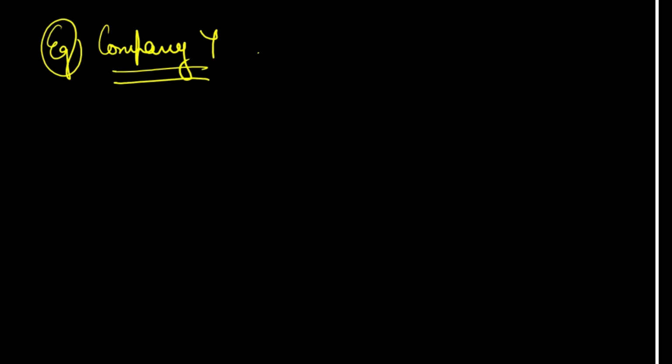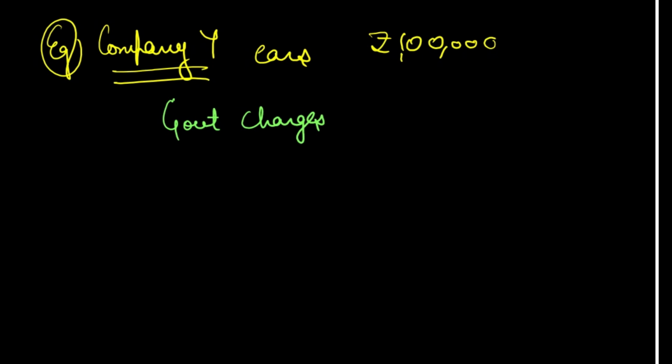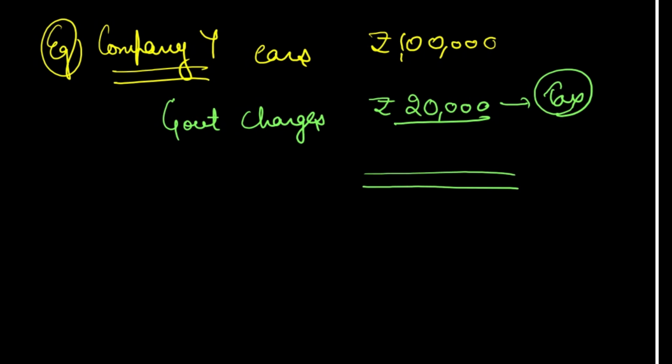Example, company Y earns rupees 1 lakh. Government charges rupees 20,000 as tax. So it is left with only 80,000 to spend.